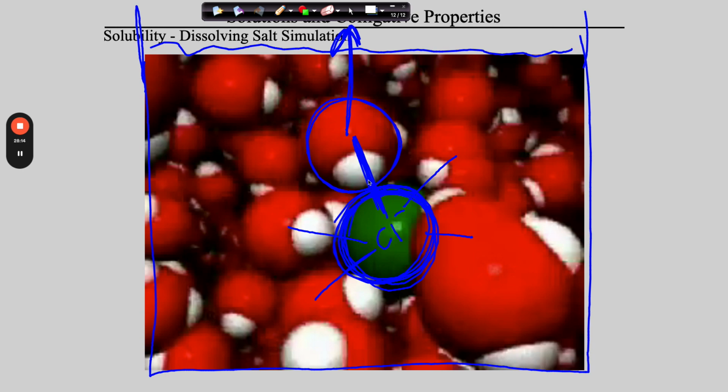And because the water is tied more tightly to the salt, it's harder for the water molecule to get out. And as a result, the boiling point goes up because it takes more energy to break the stronger intermolecular forces between the water and the salt.